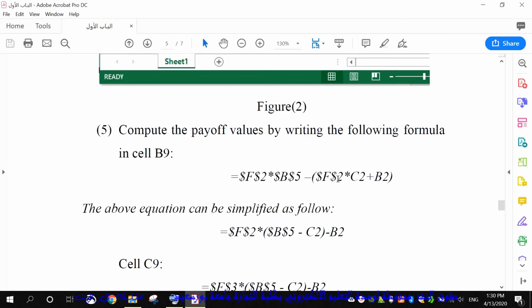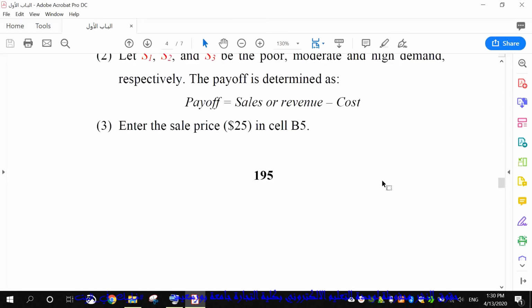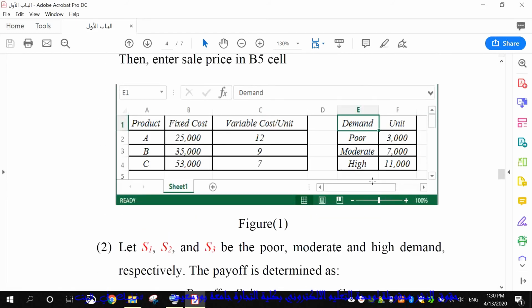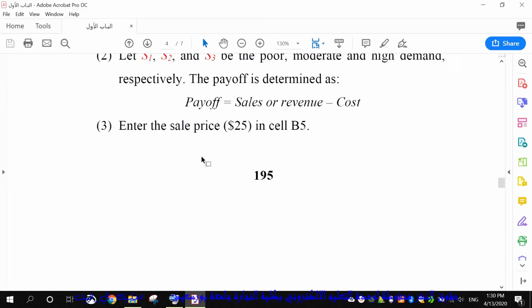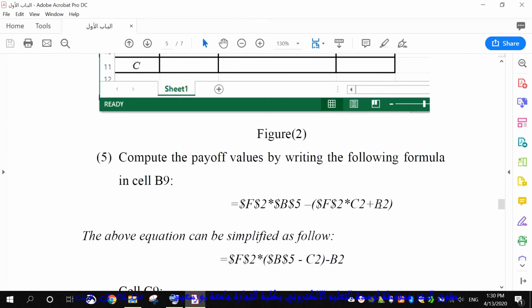The cost consists of two parts, variable cost and fixed cost. The fixed cost in case of product A is written in P2.